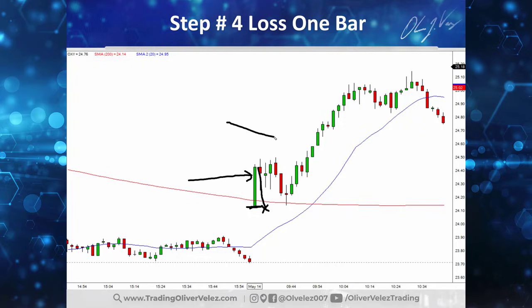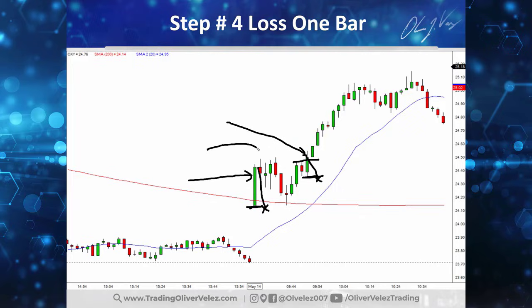If my traders buy into this green bar as it surpasses the red bar, that's the color change play, right? They can't lose more than that one bar. If the stock were to drop and break the low of the bar that they jumped into, boom, they immediately exit the trade.